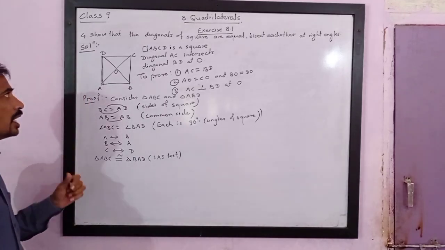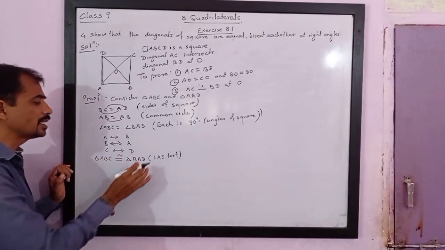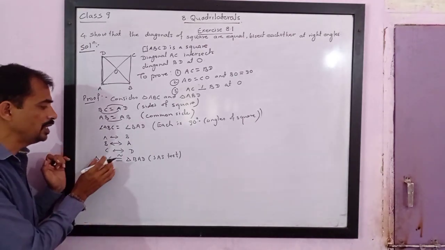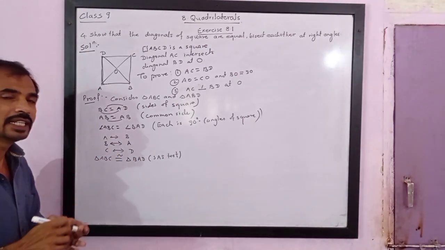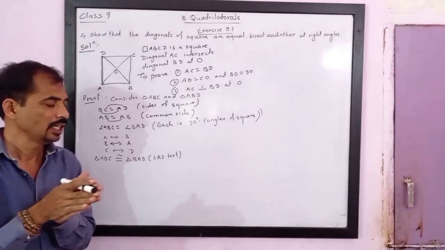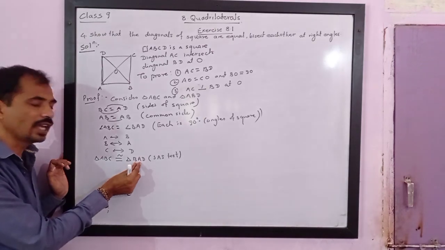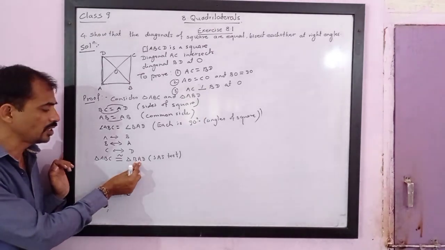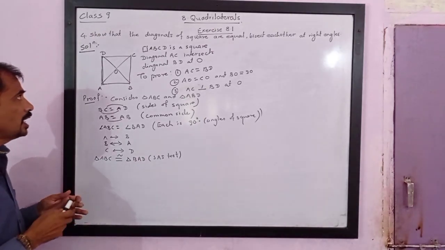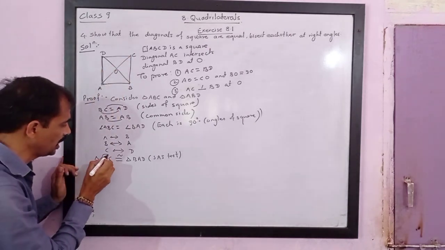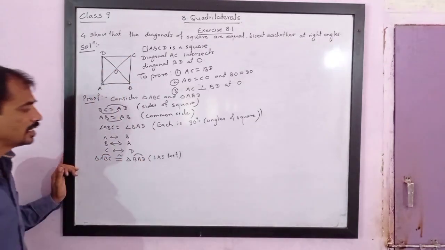So these two triangles are congruent. Now if two triangles are congruent, their corresponding sides are congruent. That is, if you keep ABC on BAD, they will exactly coincide with each other. The first side made by the first two vertices will coincide with the side made by the first two vertices of the other triangle. So we need AC, that is the first and third vertex, which corresponds to BD.